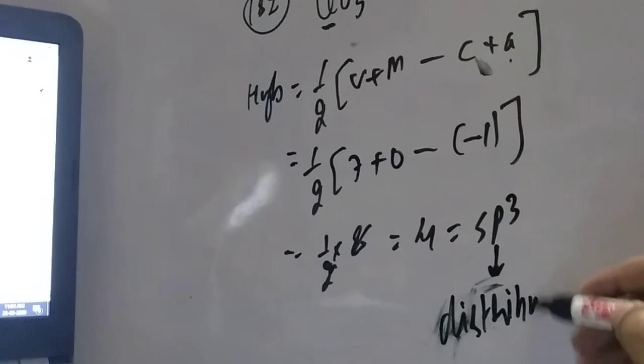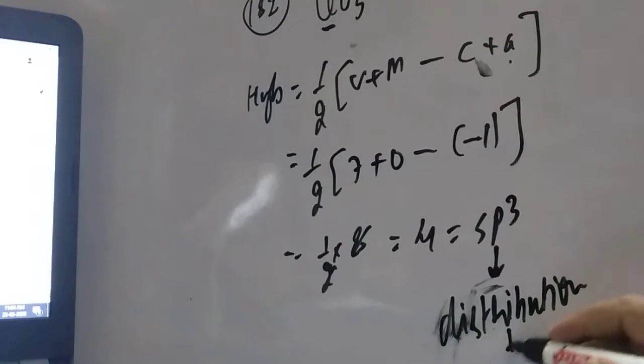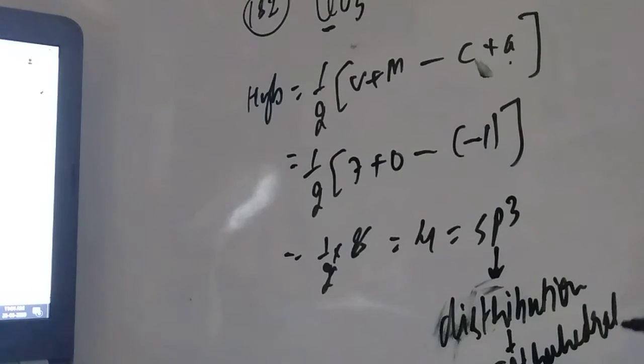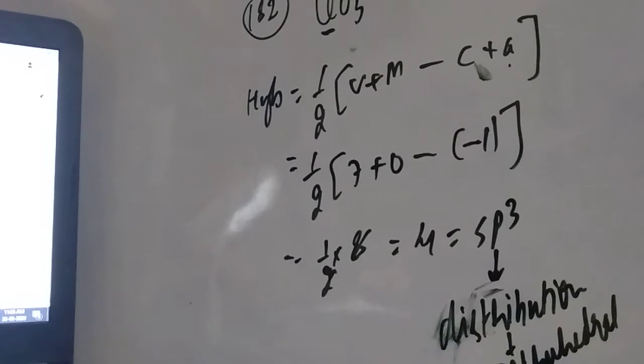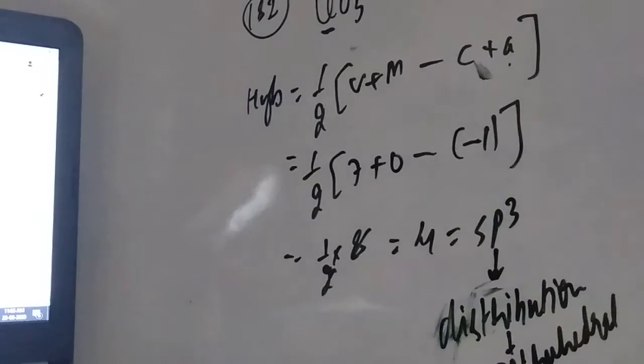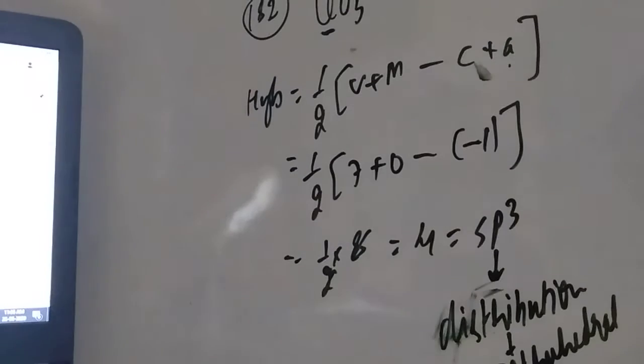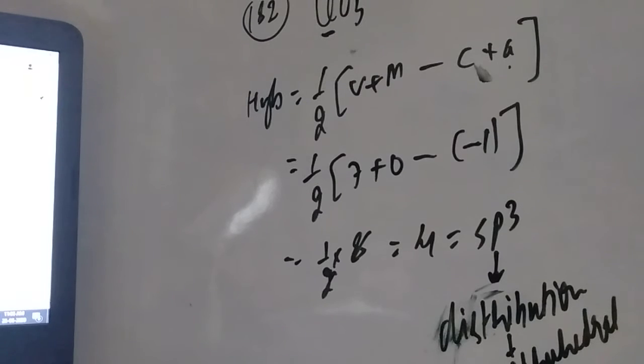Distribution is tetrahedral. But what are they asking, student? They are asking the geometry of ClO3 minus. Okay, so if you talk about the geometry of ClO3 minus, student, trigonal pyramidal will be the shape, okay, and tetrahedral will be the geometry.